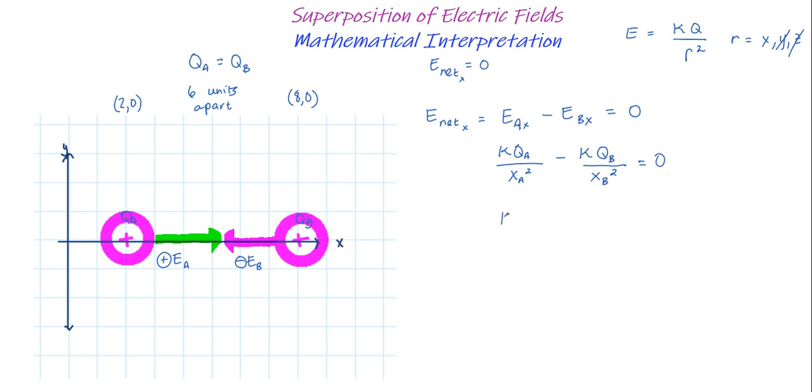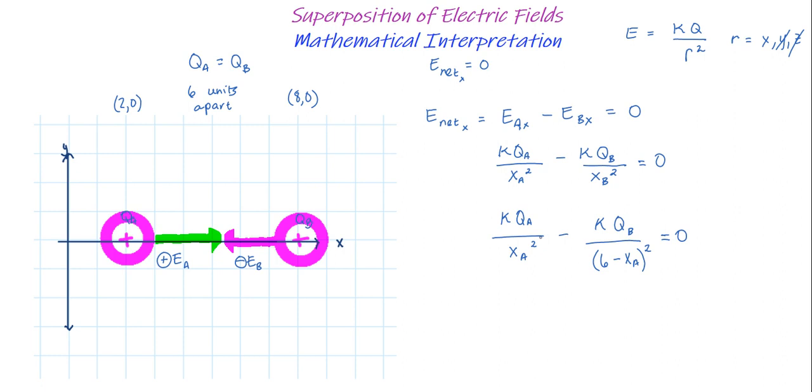I can write K times QA over XA squared minus K times QB over (6 minus XA) squared, with the square on the outside of the parentheses. That makes sense because if these are 6 units apart, the position away from QA is just XA, but the position away from QB is 6 minus XA, which gives me XB.